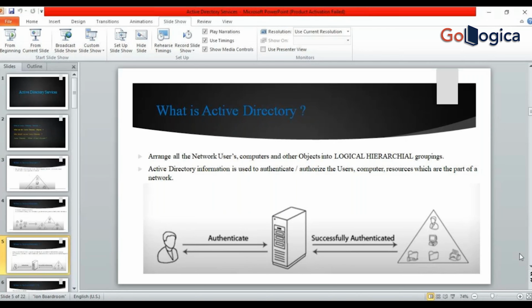That's why it is also called a logical hierarchical grouping. Logical hierarchical means the information is passed to the child, coming from the parent side. I'll show you also how this is supposed to be created.